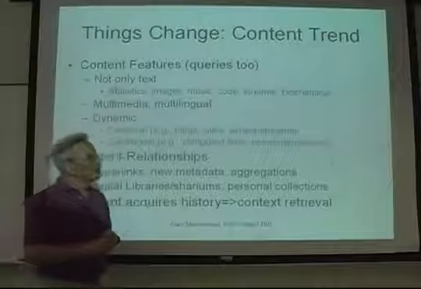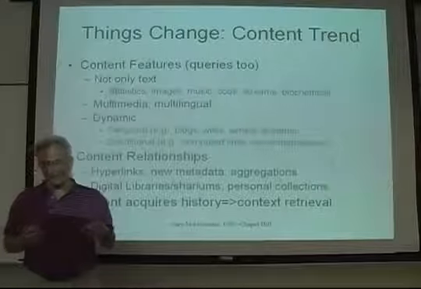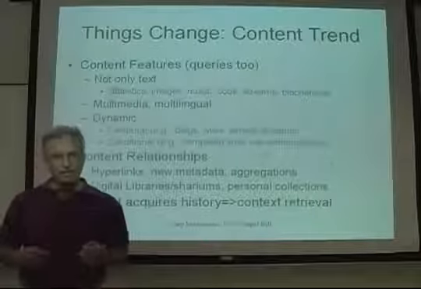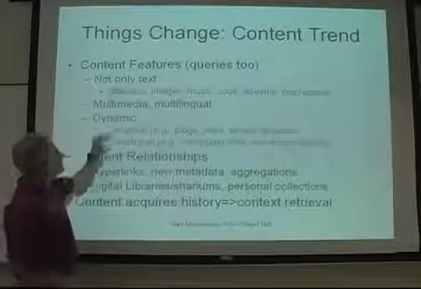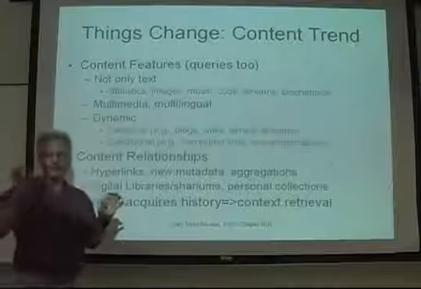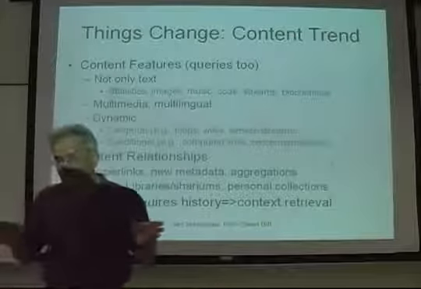So what's driving some of the changes that make us question whether this classic paradigm is powerful enough to take us to the next step? Well, first of all, content itself and the queries have changed. The document spaces and the query spaces are no longer just made up of text.